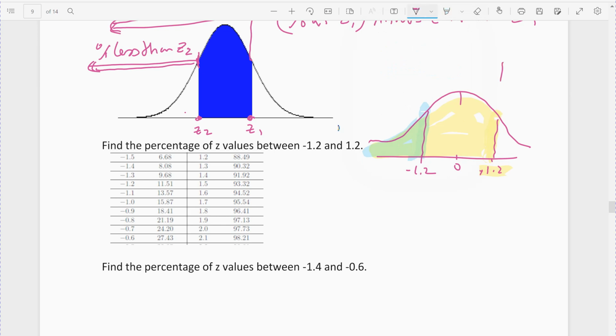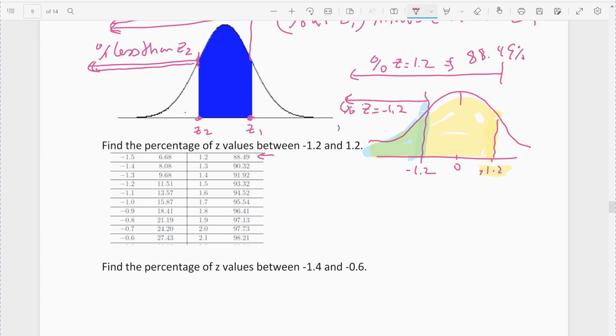Alright, so I look up my table value for this. So this is the percent at the z-score 1.2, which comes out to be, if I look at the positive 1.2, which is here, 88.49%. That would be all of the percent less than 1.2. Now I look up the negative score, which will give me the percent at the z-score negative 1.2.